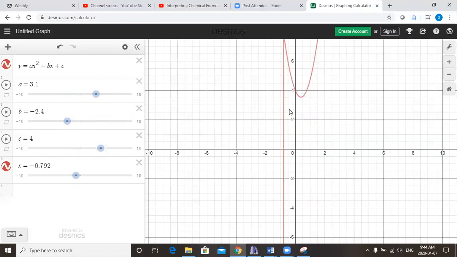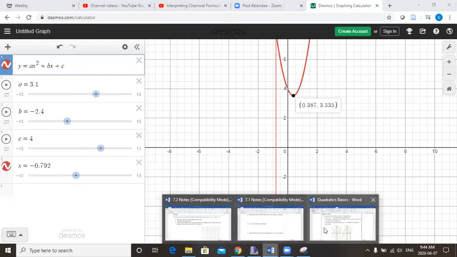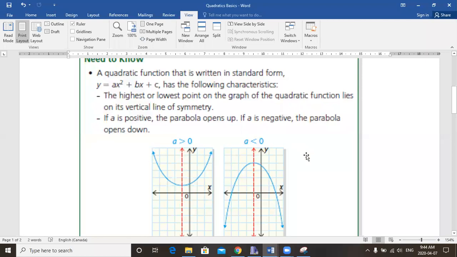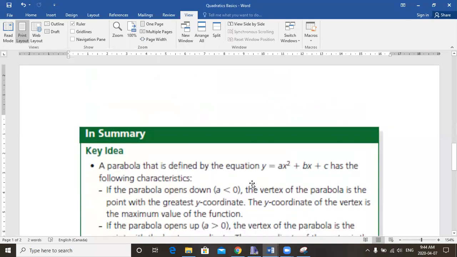If we have this opening up, now this represents the smallest value, the minimum. So you need to note that as well. Changing the b value shifts it left to right, it changes the line of symmetry, and the constant term c is the y-intercept.